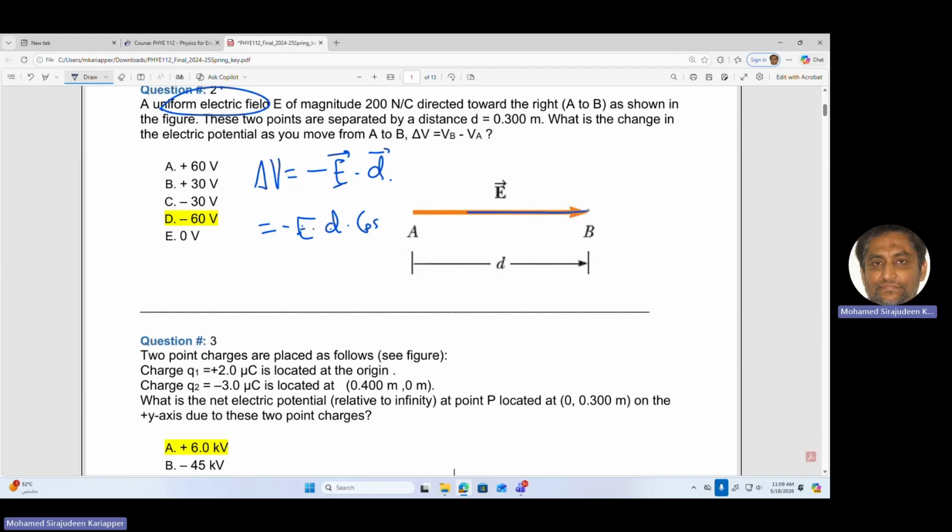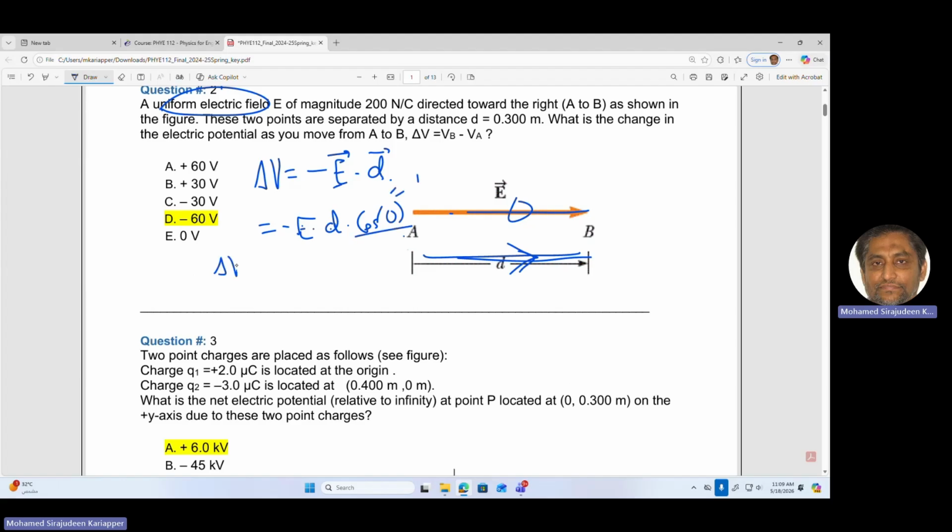Now we have the electric field like this, and you are going from A to B, so the displacement is also in the same direction as the electric field. You are moving from A to B. Displacement and the electric field in the same direction. What is the angle between them? 0. Cosine 0 is 1.